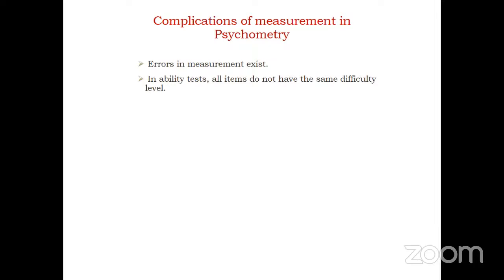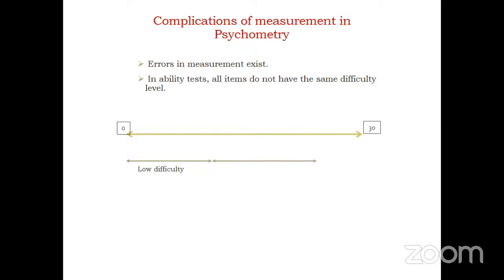Now consider this single example. Let us say there is a latent trait which we are measuring, and the lowest score that can be obtained is 0 and the highest score is 30. The first few items are of low difficulty level. In the middle, we have a number of items with average difficulty level. And in the last phase, we have a few items of high difficulty level.